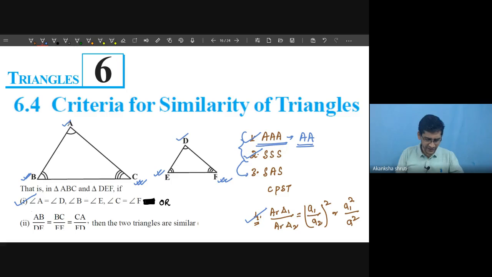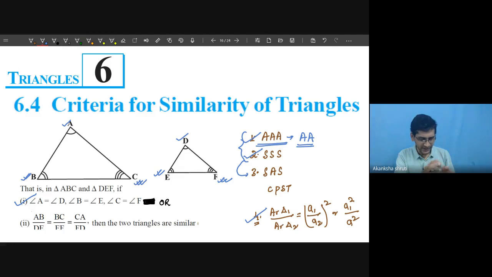The next condition is that even though equality of angles is not given, it is given that their sides are proportional. Sides are proportional means whatever ratio of the sides of triangle ABC and triangle DEF we take, three ratios are possible.